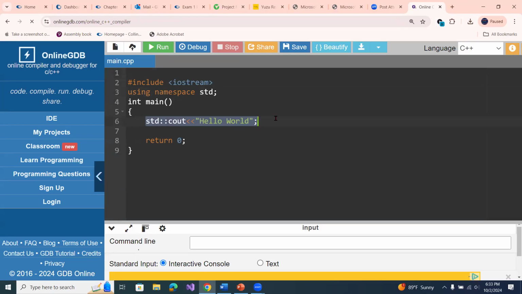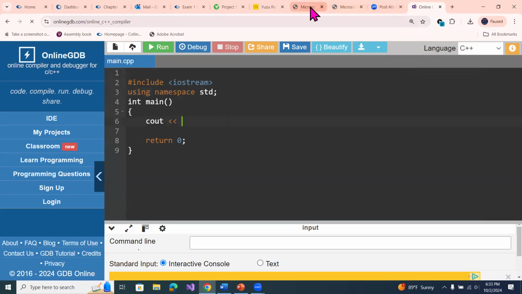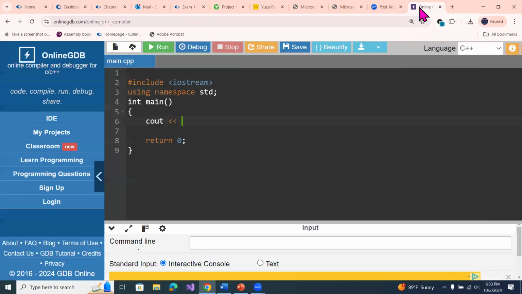So we're gonna do a cout, and we're gonna do not 1 and 0. Let's do that one first, not 1 and 0.